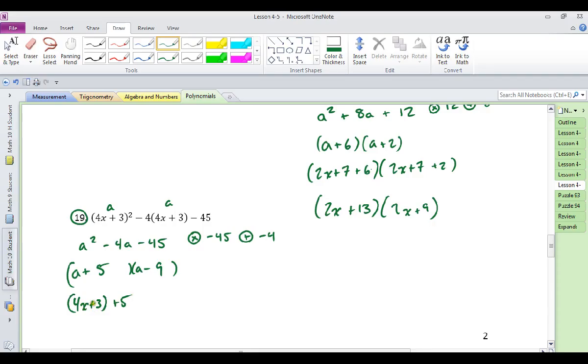Agreed? Okay. And what's this side? 4x plus 5 minus 9. What's 3 plus 5? Plus 8. And what's 5 minus 9? 4x minus 4. Everyone see how easy it is?